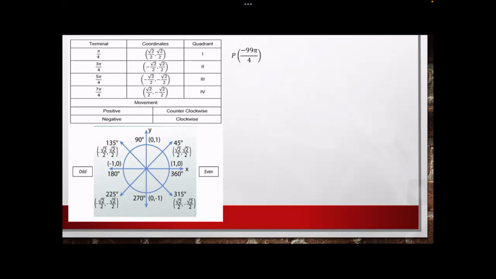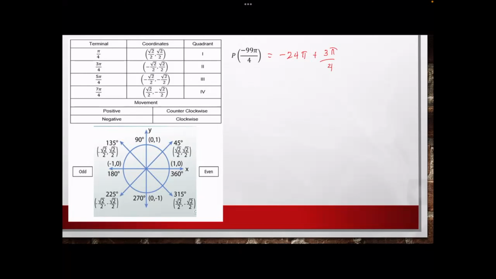Next, negative 99 over 4. We'll answer this. Kaela. Okay, what's your answer? Negative 24 pi plus... Negative 24.75 po. 75 is 3/4. Ang 0.25 ay 1/4. Ang 0.75 ay 3/4.